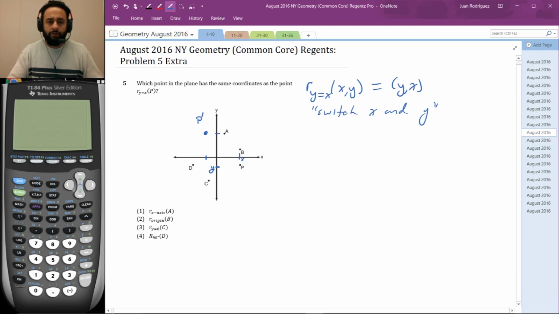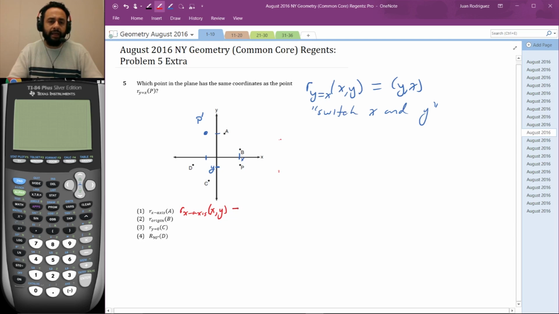Number one, a reflection over the x-axis of the point A. A reflection over the x-axis of a point x comma y is taking a point up here and flipping it to the negative y coordinates, or taking a point down here and flipping it over the x-axis to this side.